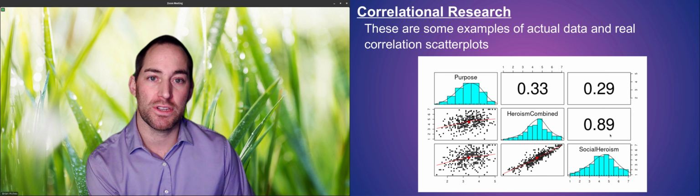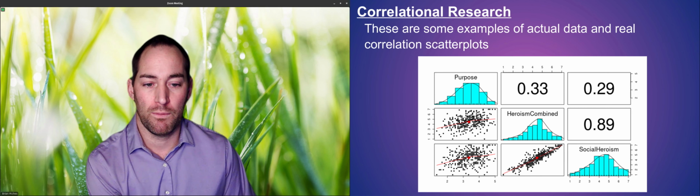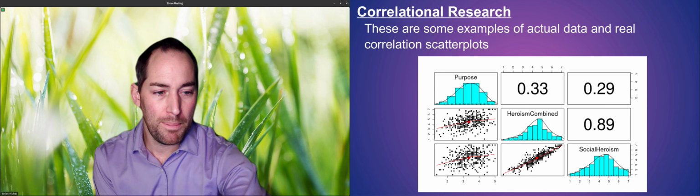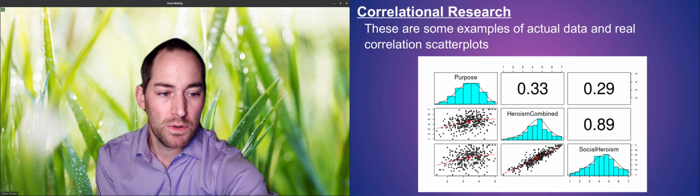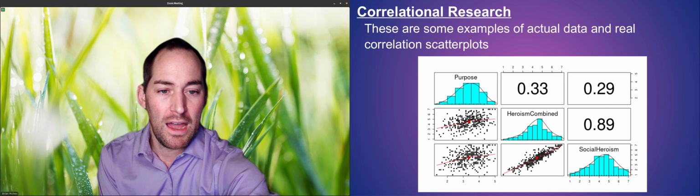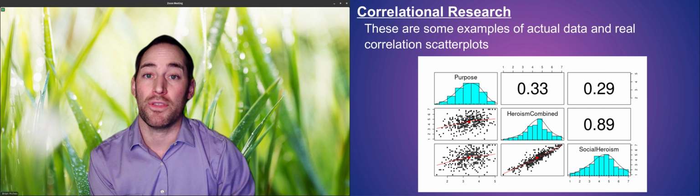So that's a very strong positive correlation, and this is what it really looks like. So this person right here, I'm going to highlight them. This person that I'm pointing to scored about, I'm just trying to measure on my screen, on social heroism they scored about a 5, on total heroism they scored about a 3.